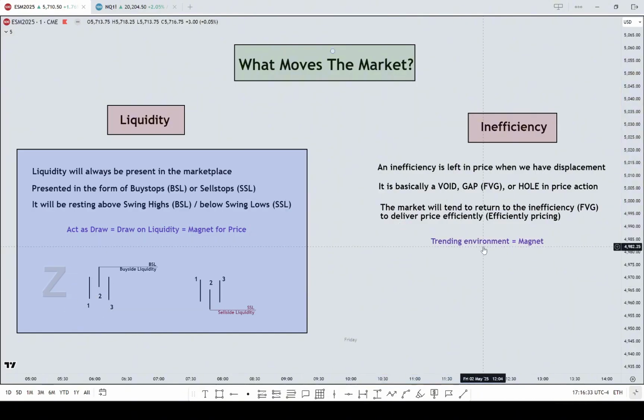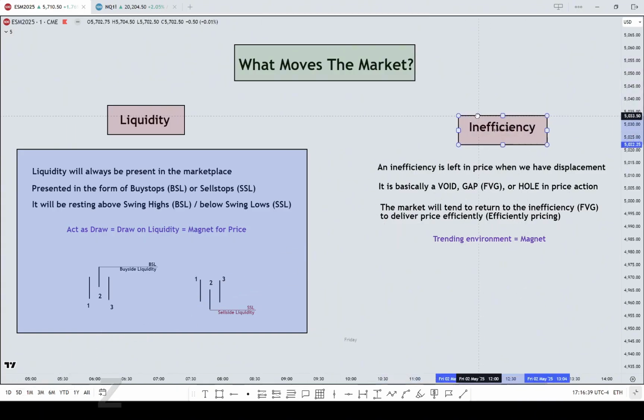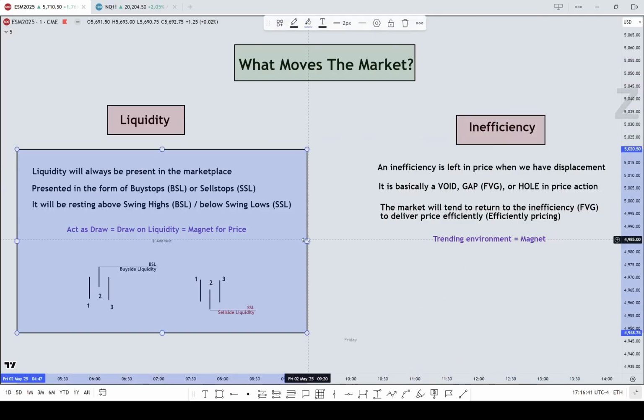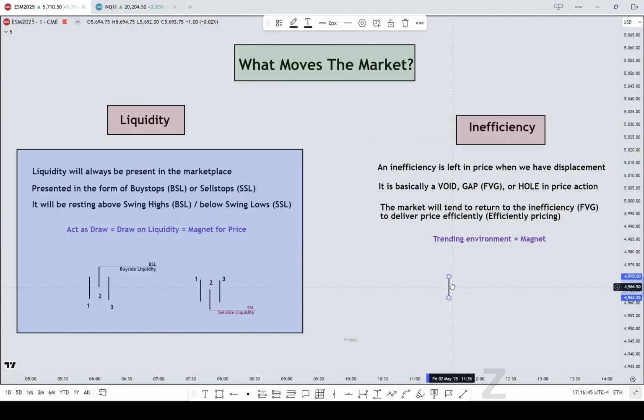Okay, good. Let me put this more into the picture. Do you know what a fair value gap looks like? Yes, I know. Perfect.